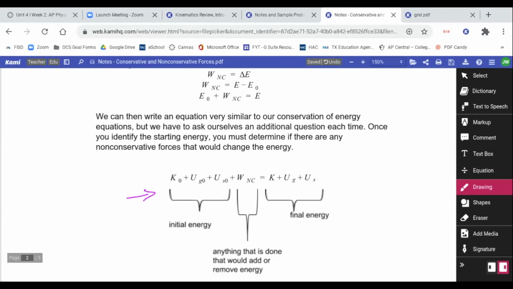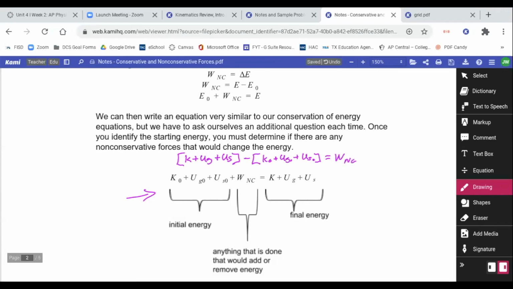What if we said it was K plus UG plus US? This is total mechanical energy, whether it's kinetic, gravitational, spring, whatever. Let's put that in brackets. And what if we subtracted the initial total mechanical energy, K naught plus UG naught plus US naught, and said that is the work done by non-conservative forces.